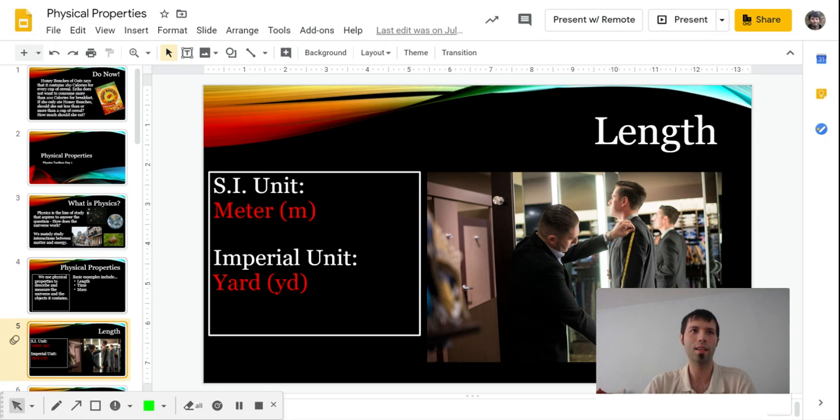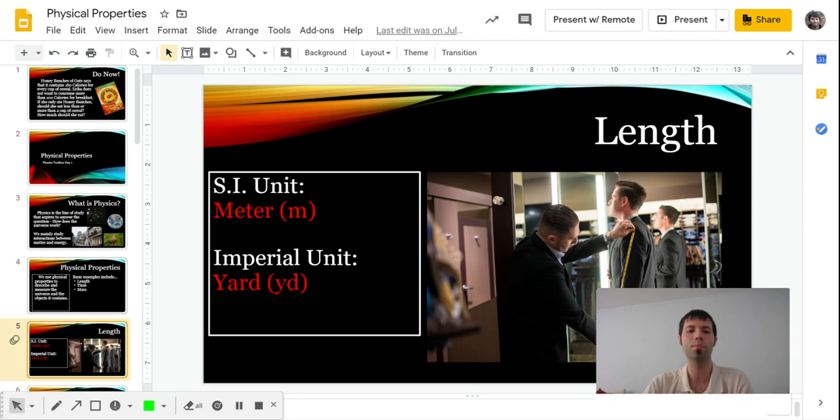Back in the 19th century, European countries adopted something called the International Standard System of Units because everybody measured everything differently. Everybody's feet, yards, and inches weren't the same. So they adopted, specifically for science, the SI system. Those are the units that we'll be using in this class because we're in a science class, so we want to learn what the scientific units are.